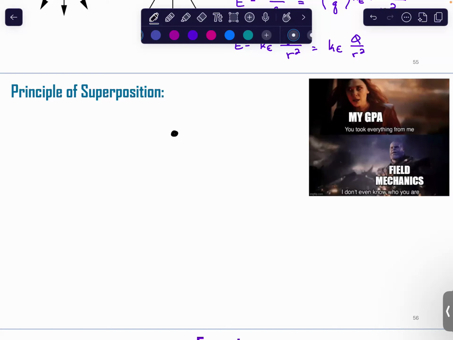Then around that point, we'll do a positive, and a positive, and then do a negative, and a positive.